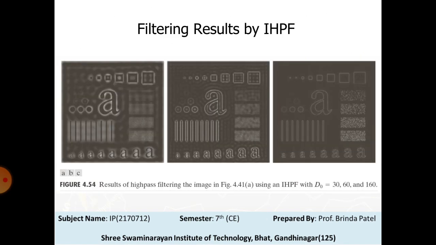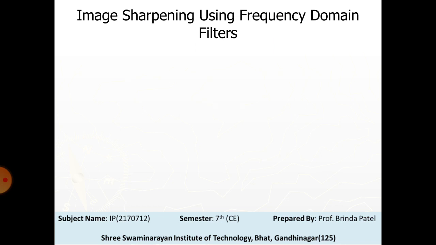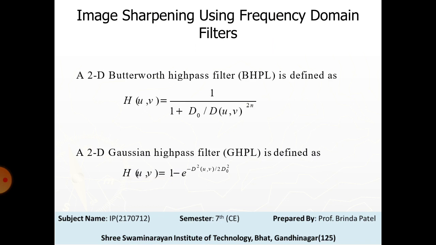Now, Gaussian high-pass filters. The transfer function of the Gaussian high-pass filter with cutoff frequency locus at a distance D0 from the center of the frequency rectangle is given by H(u,v) = 1 minus e raised to minus D squared (u,v) upon 2 D0 squared. Here D(u,v) follows directly from the earlier expression.